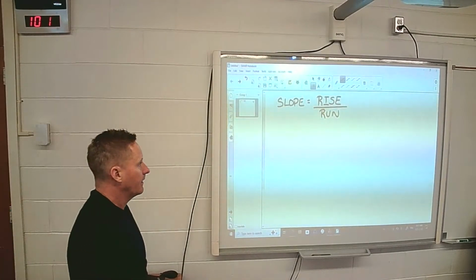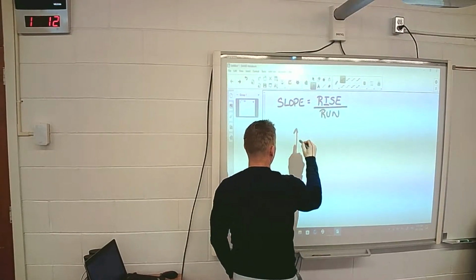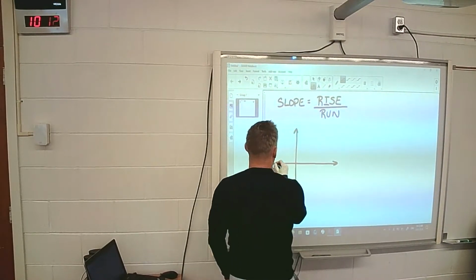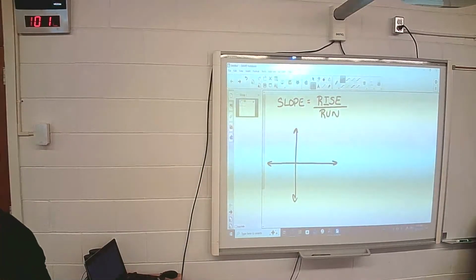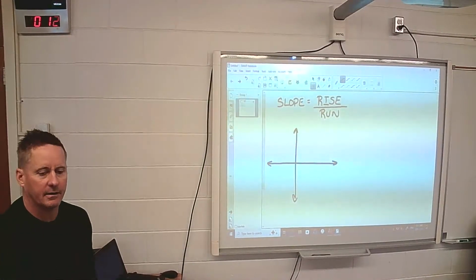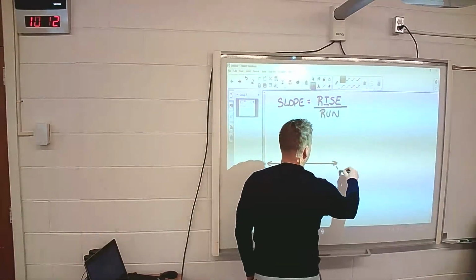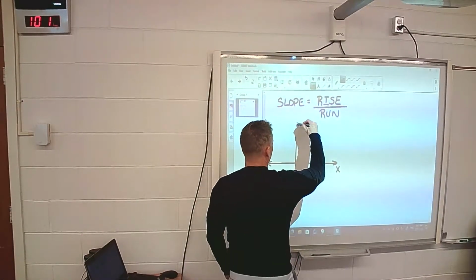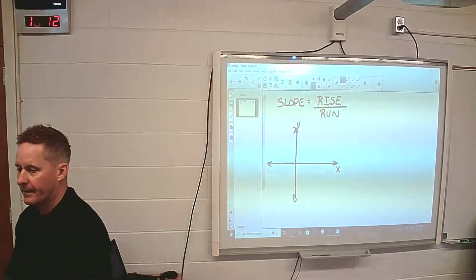Now, on a graph, on a grid, which axis represents up and down and which axis represents left and right? X is left and right, Y is up. X is there, Y is there. Totally agree with that. All right.